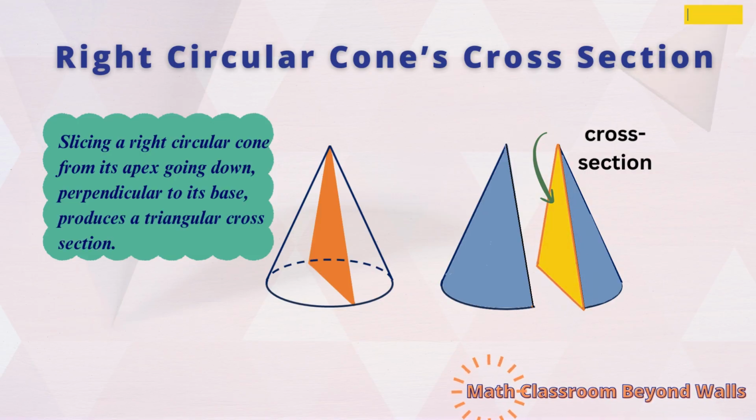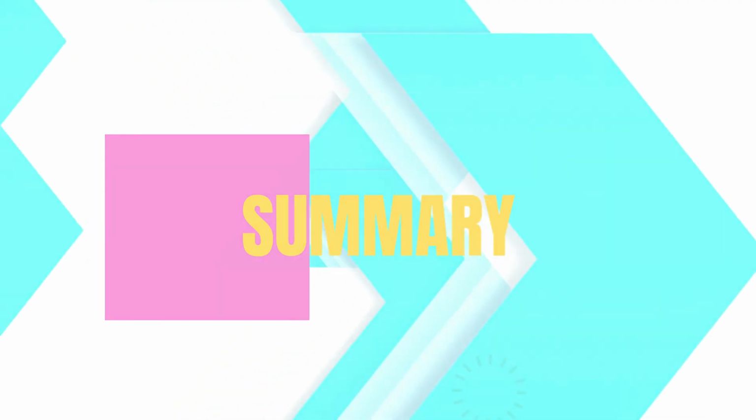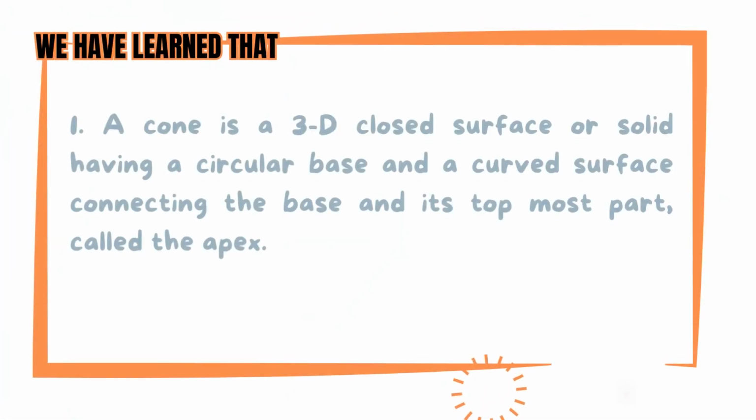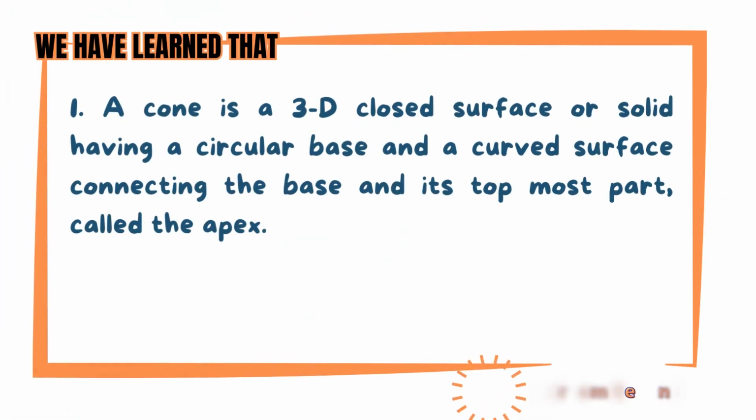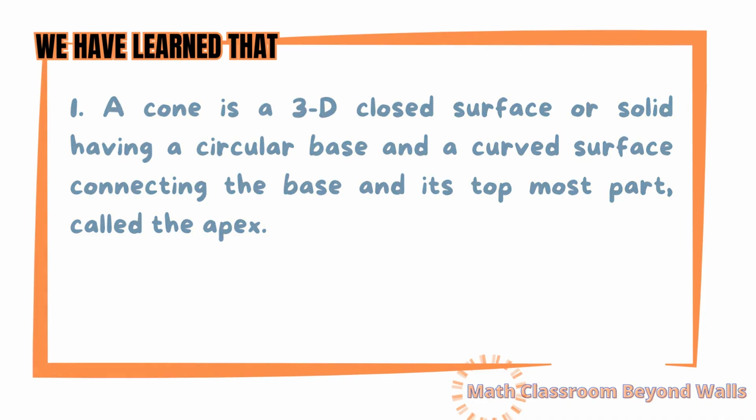There you are, learners. I hope you acquired lots of learnings in today's video. Let us summarize what we have learned today. We have learned that, first, a cone is a three-dimensional closed surface or solid having a circular base and a curved surface connecting the base and its topmost part called the apex.